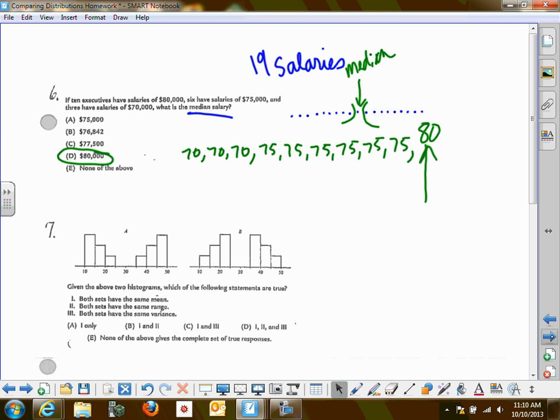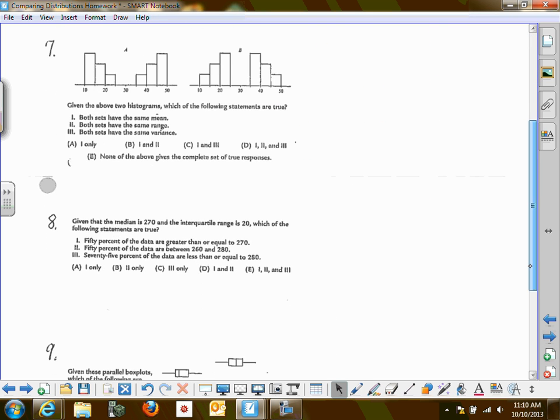All right, next. With this number 7, this is actually a very, very important one for you to be able to understand and get. If you understand what standard deviation actually is, then you would get this. So let's say what the definition of standard deviation is.